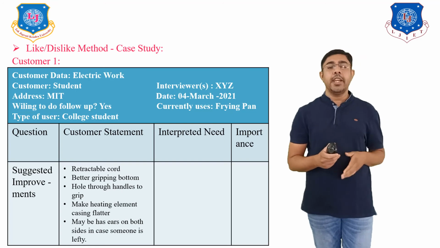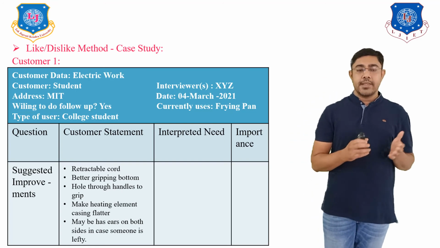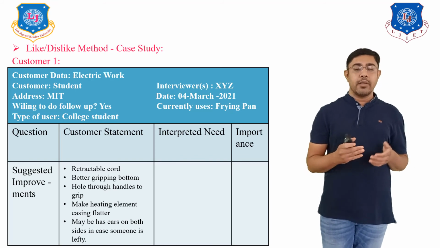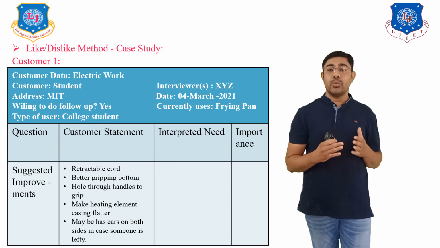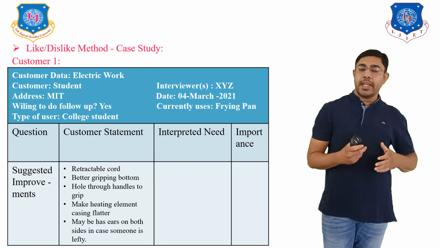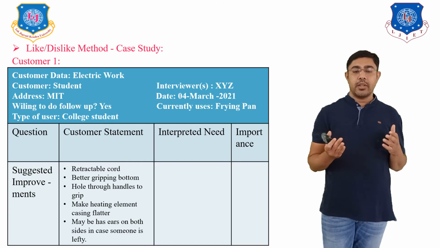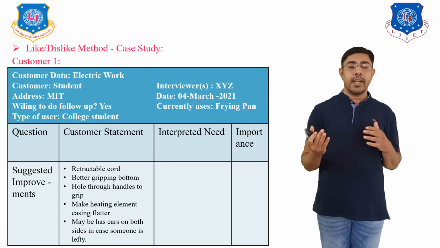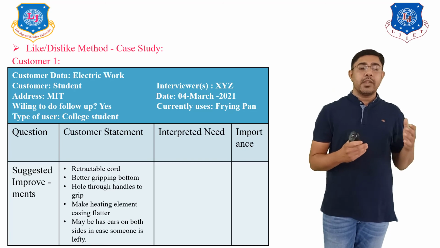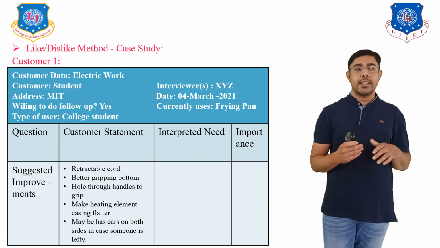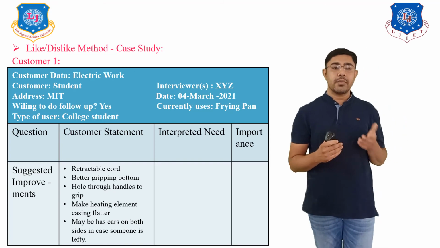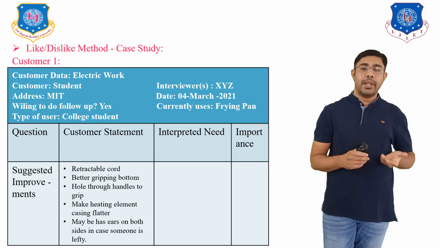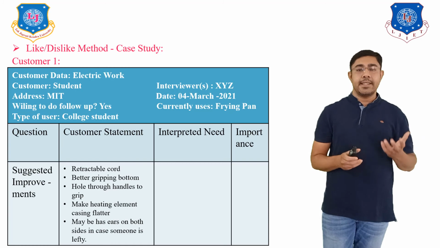And here the customer statements against the suggested improvements are retractable cord, better gripping bottom, hole through the handles to breathe, make heating element casing flatter, and maybe have ears on both sides in case someone is a lefty. These are the suggestions given during the interviews by the customers, and we have to implement them in our product development or redesign of the product.